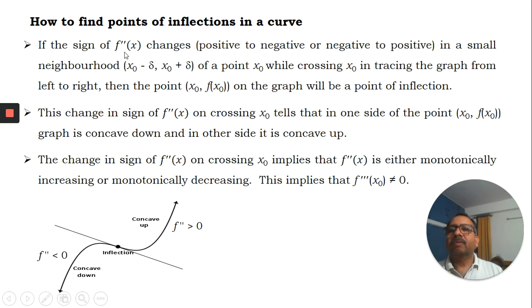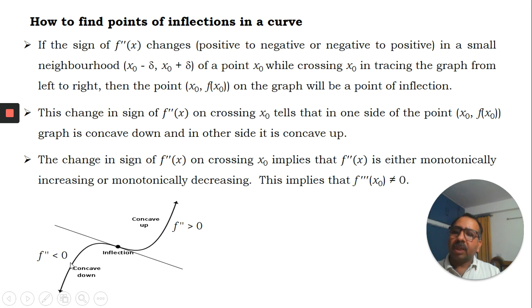Suppose we have a function whose double derivative changes sign as we move from the left of a point x naught to the right. For example, see again this curve. Here the double derivative has a negative sign, and here the double derivative has a positive sign.